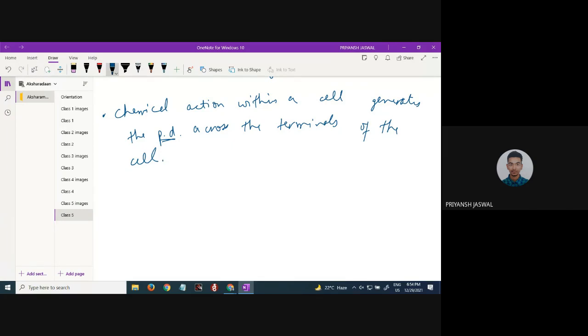And this potential difference is created even when there is no current drawn from the battery.